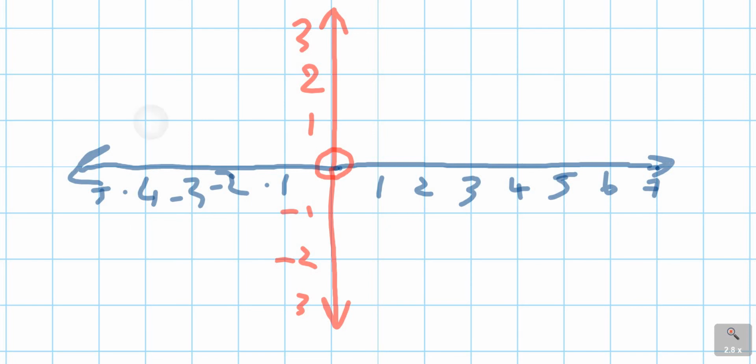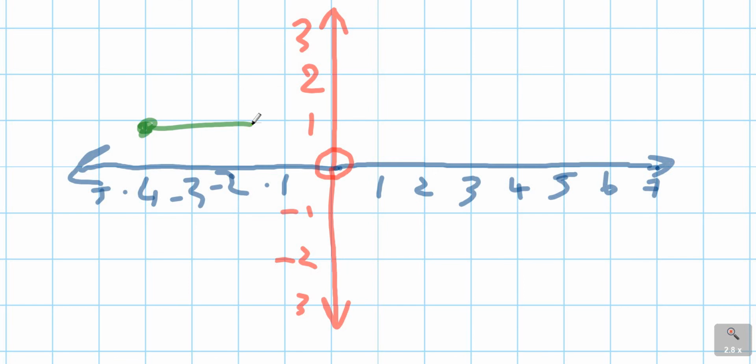Wherever you are on the Cartesian plane, if you're going left, you're decreasing, and if you're going right, you're increasing. If you're going up on the y-axis, you're increasing, and if you're going down, you're decreasing. And that's simply it.